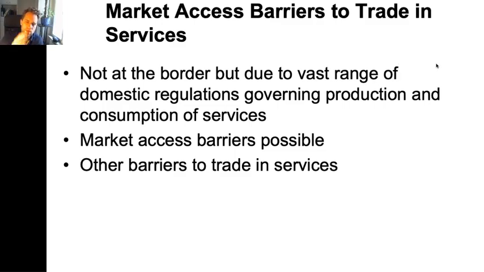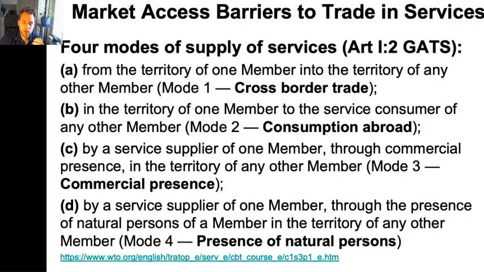Keep in mind, remember, there is a distinction when it comes to the extent to which WTO law regulates or prohibits measures affecting international trade in products and trade in services. Because as you could see here in litera D in Article 1, paragraph 2 of the GATS, first and foremost, the presence of natural persons is a very delicate subject.